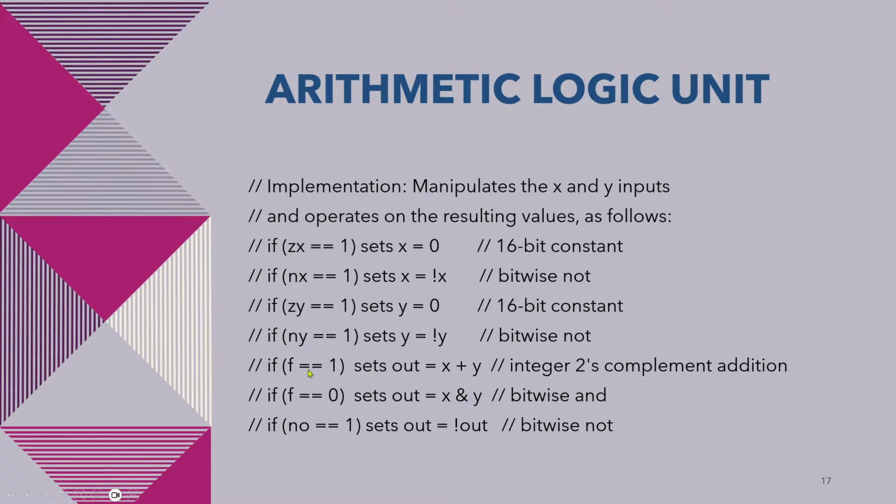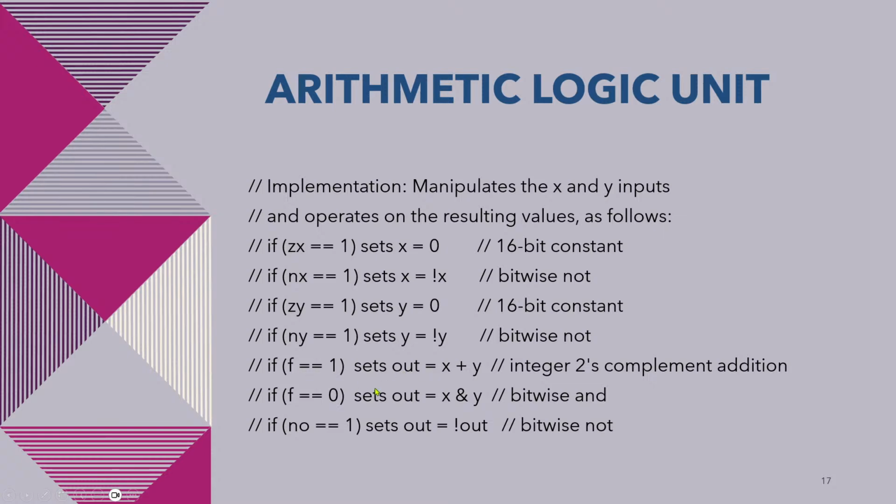If f is equal to 1, then that tells the logic unit to perform an addition with whatever values are in x and y. X and y are going to get their values from whatever is input plus these operations, and then they're going to go through this addition possibly.